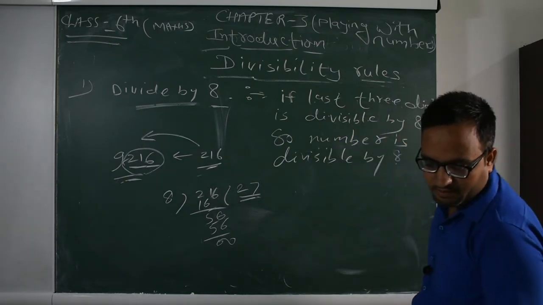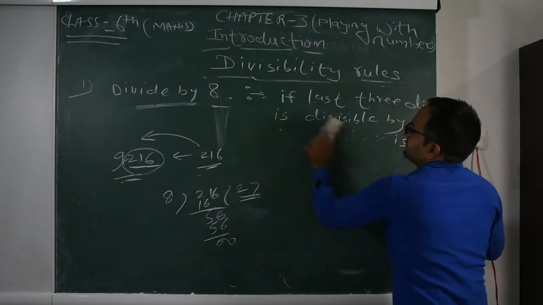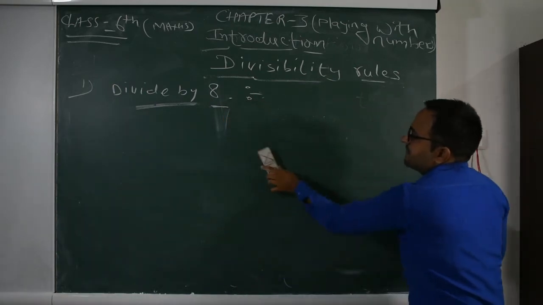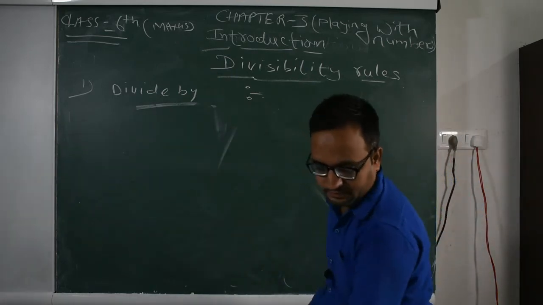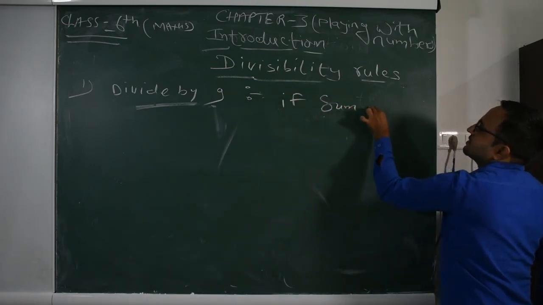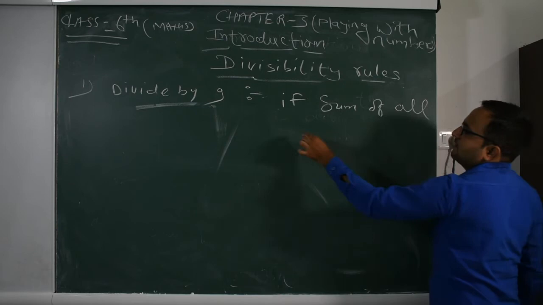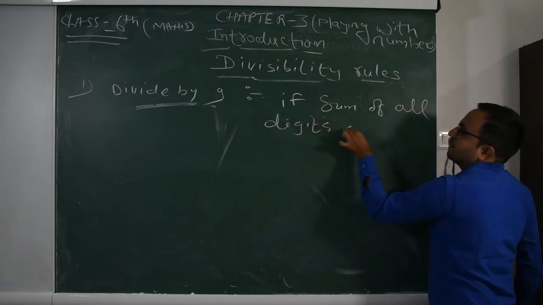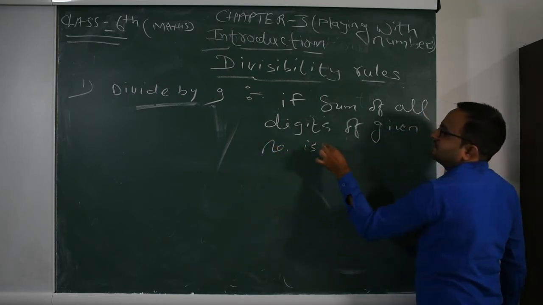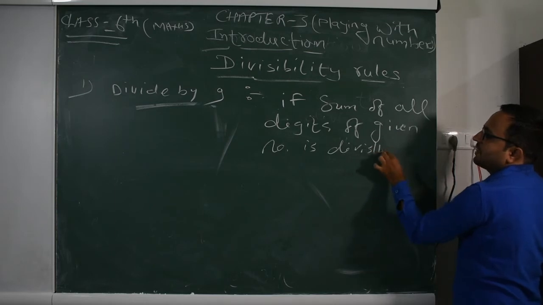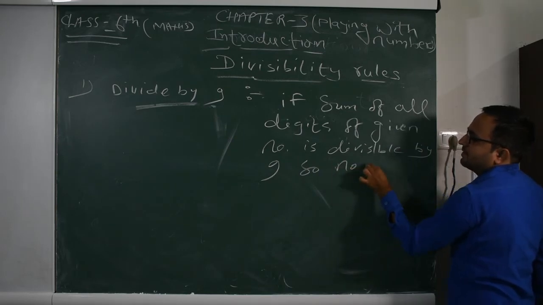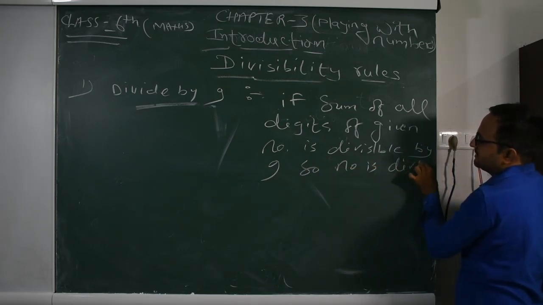Now the divisibility rule by 9. What is the concept behind this divisibility rule? If the sum of all digits of the given number is divisible by 9, then the number is divisible.